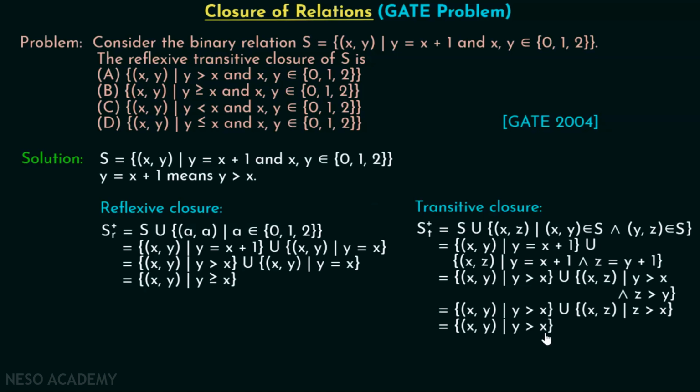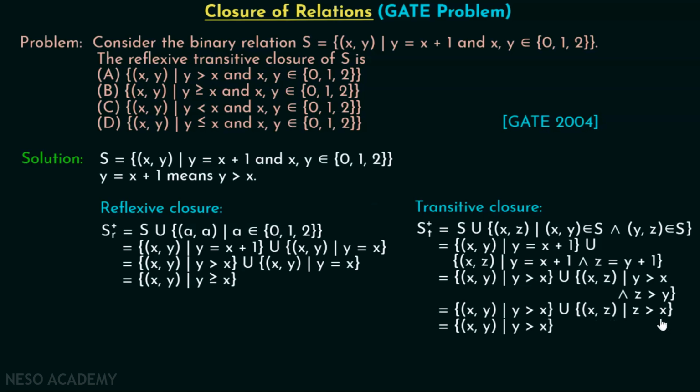Now let me tell you why. Here obviously x, y and z are arbitrary terms, right? Here it is written x comma y such that y is greater than x. And here it is written x comma z such that z is greater than x. They both mean the same thing, isn't that so? That is why we can replace this particular set by the set of all ordered pairs x comma y where y is greater than x.